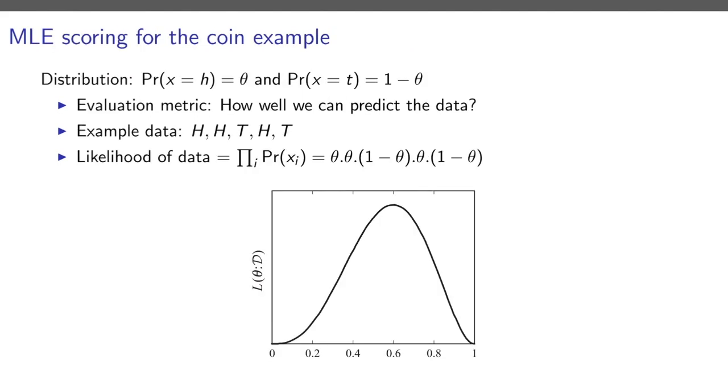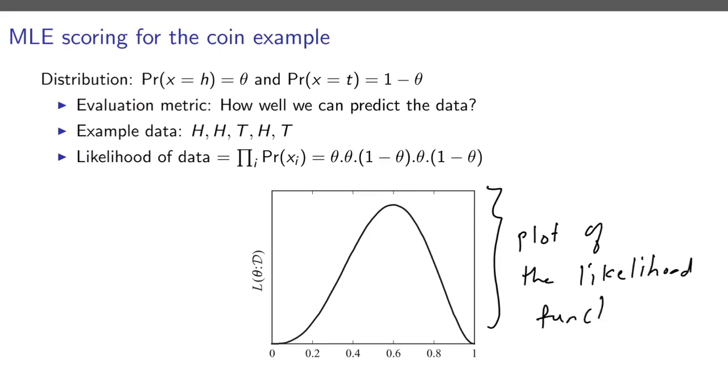Now let us see how we can compute the maximum likelihood estimate for our biased coin example given a data set using a plot of the likelihood function. If you remember, we are given a parameter theta, which is the probability that the coin lands heads, and 1 minus theta, which is the probability that the coin lands tails.